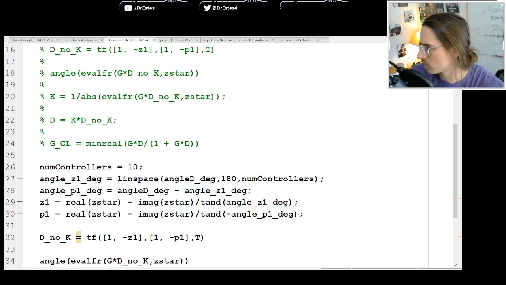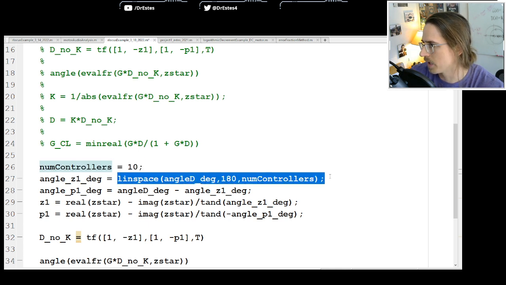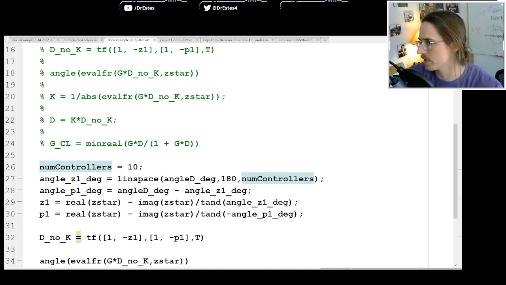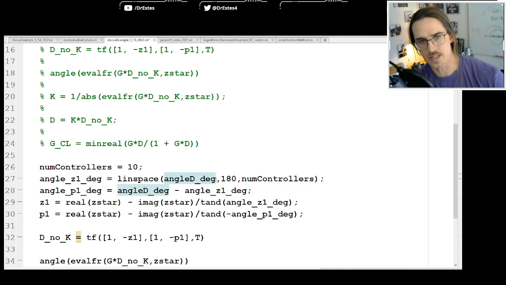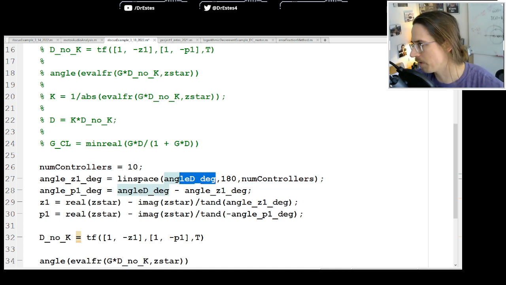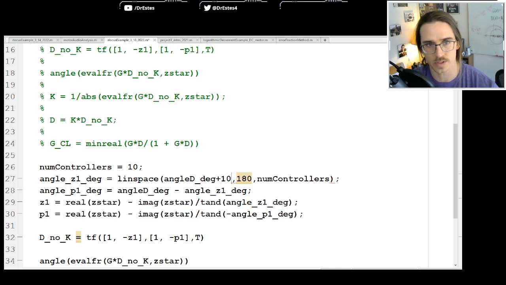Okay. So I'm making 10 possible controllers. I define 10 possible angles between these limits. And actually, it's better to make a buffer here. So what I mean by a buffer is you shouldn't pick the smallest and the largest, because the smallest and largest imply a pole or a 0 exists at infinity, which can result in some problems.